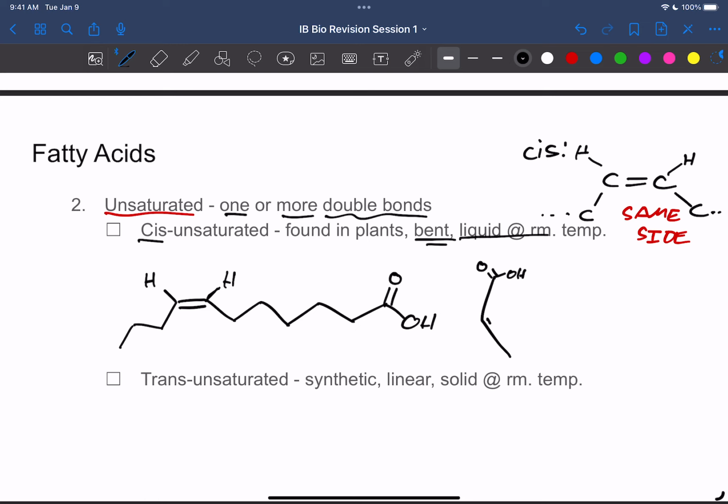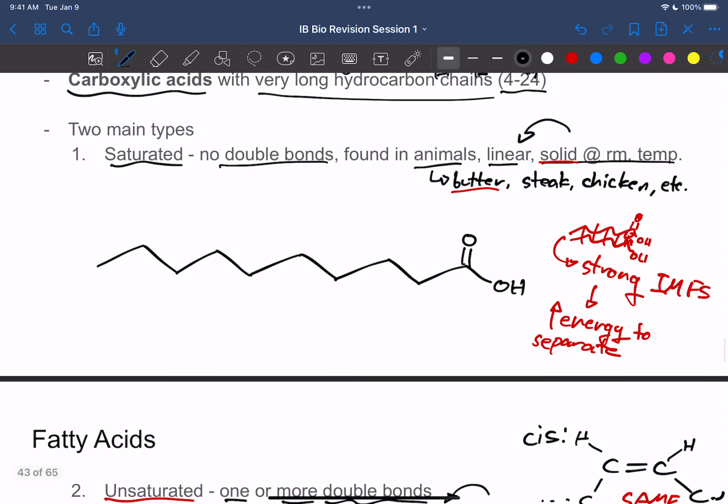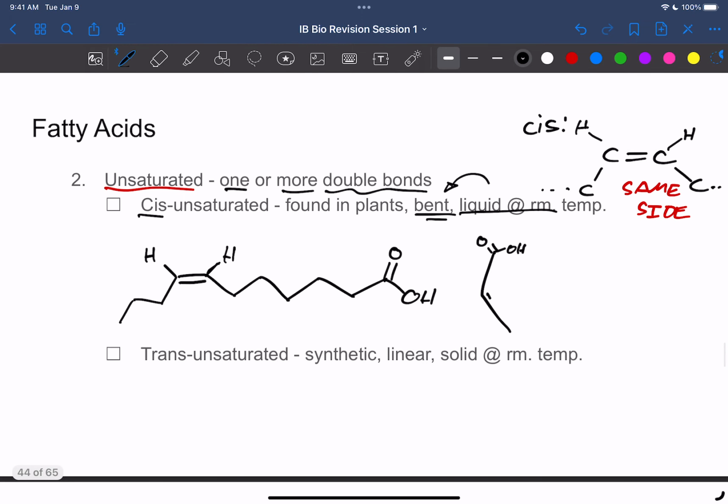And this makes it liquid at room temperature. The reason is because it's bent. Remember what we said about the spaghetti box? Well, now these are bent. Think of these as silly straws. When we have a lot of silly straws, we don't have very many interactions.